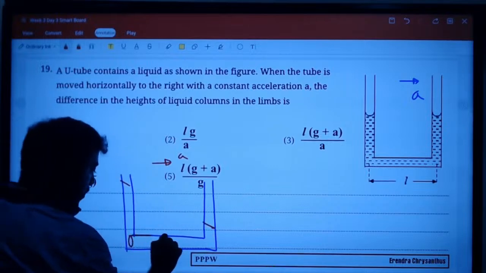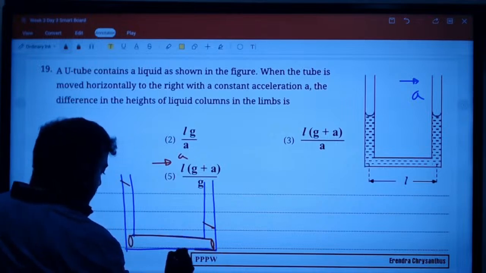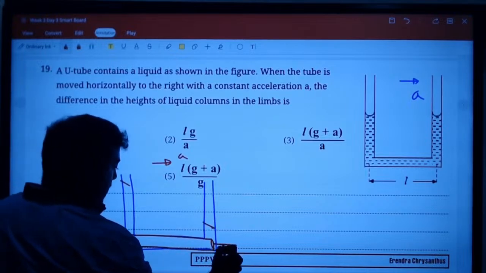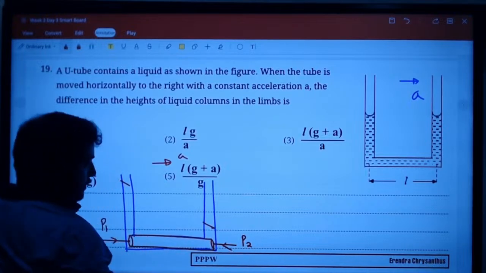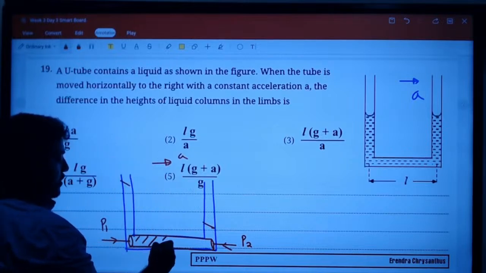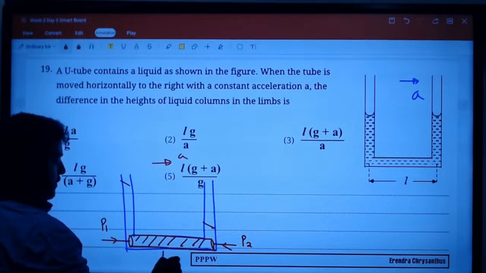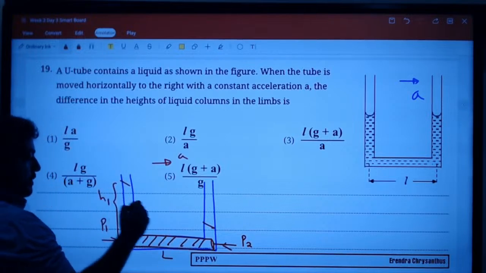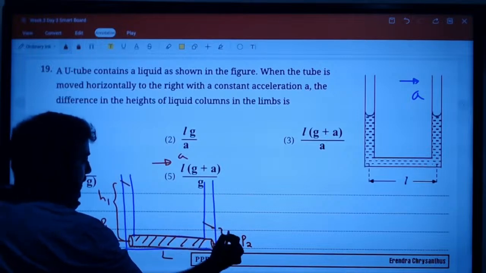If I take a horizontal fluid layer, this will have a greater height, so greater pressure. Shorter height, smaller pressure, right? When the beaker is accelerating forward, this liquid also should accelerate forward. Here height is h1, here height is h2.